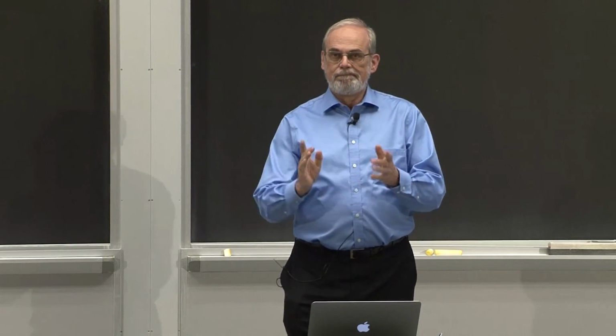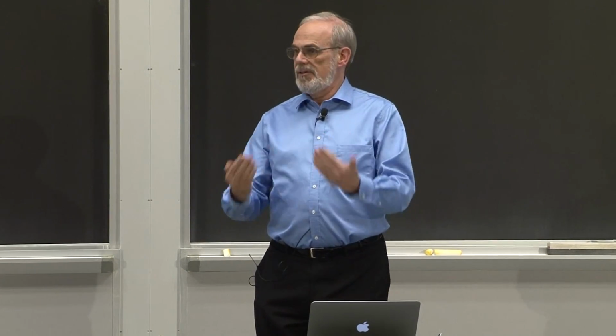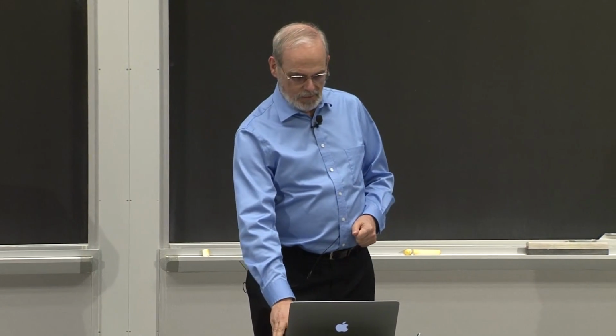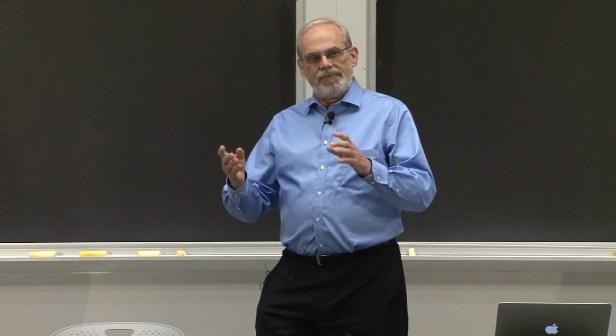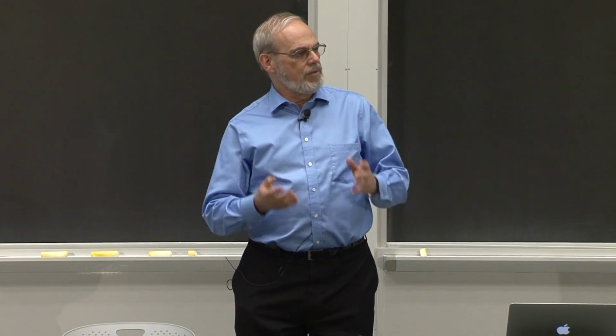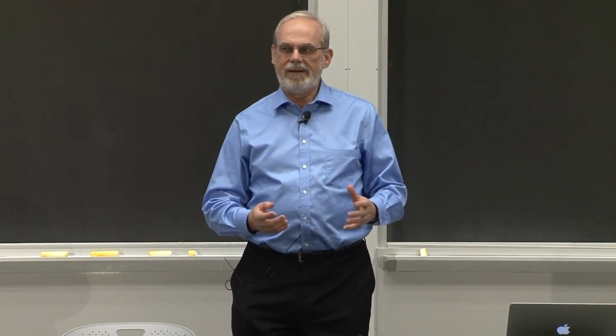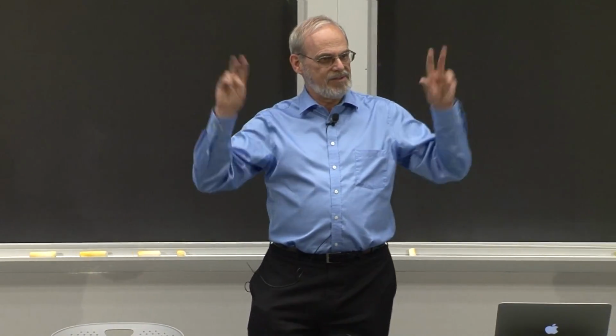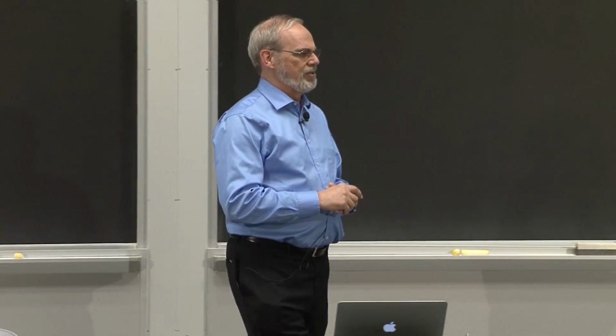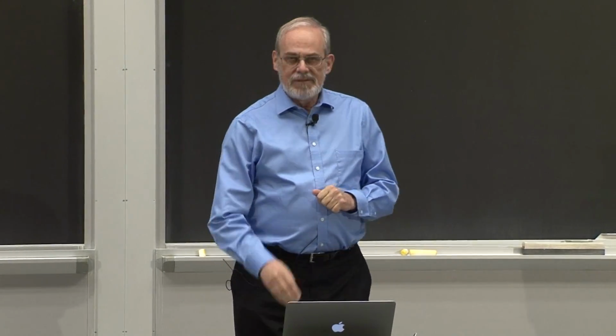OK. What I want to do, I want to see how well this model actually predicts behavior. So the question I want to ask is, whoa, if I generated the data from a degree 2 polynomial, a quadratic, why in the world is the 16th order polynomial the best fit? Puzzle. So let's test it out.